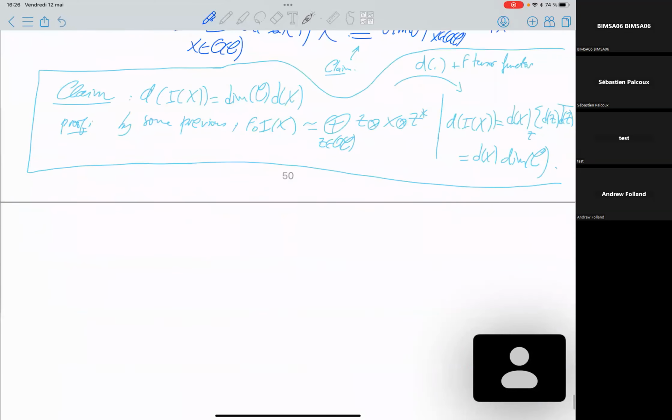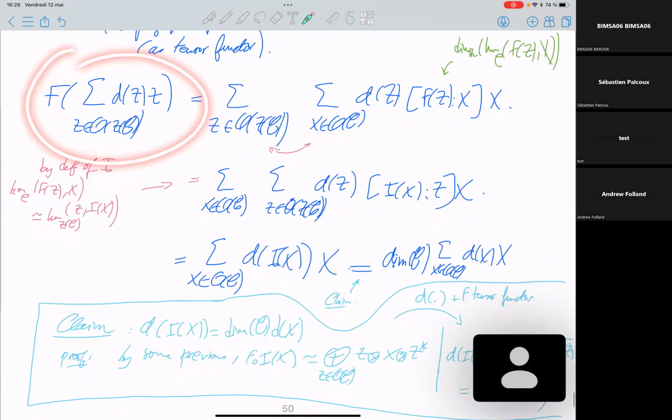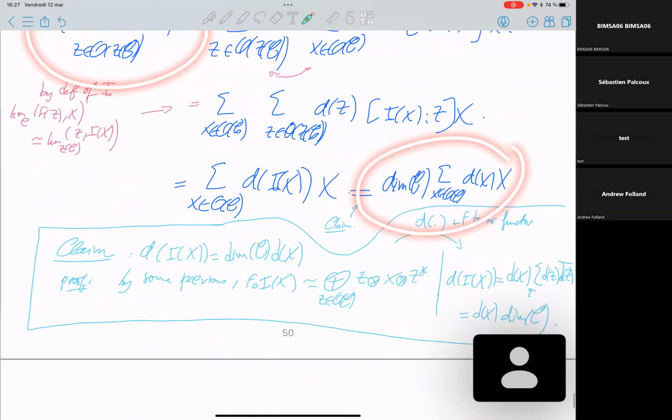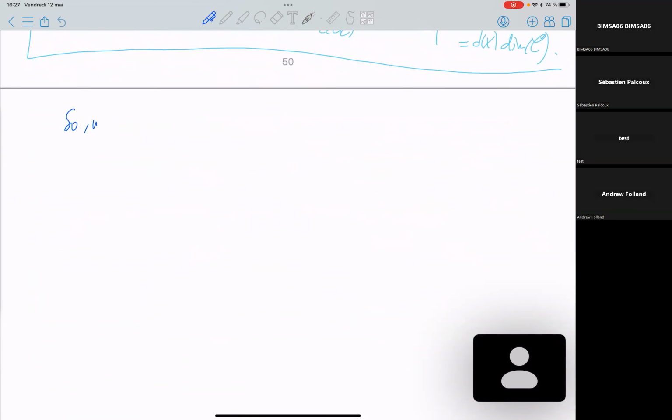So what we get is this equal to this. Let me rewrite it. So we get the Fourier functor of the sum of Z. It is in the Grothendieck algebra.